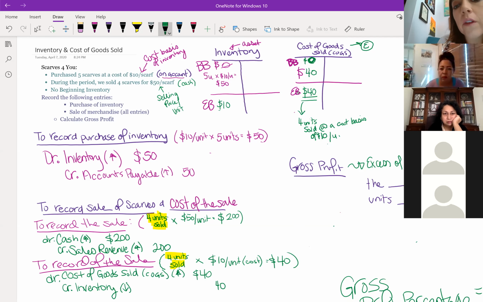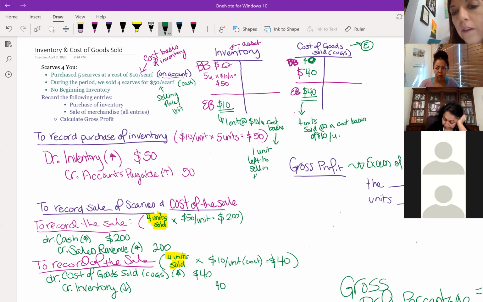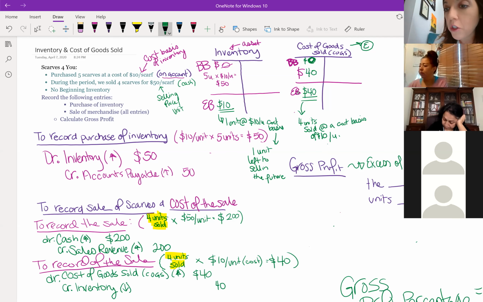It should be the equivalent of 1 unit at $10 per unit cost, because we still have 1 unit left to sell in the future. Still an asset, right? We still have it available to be sold in the future.